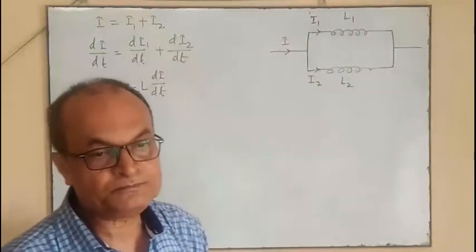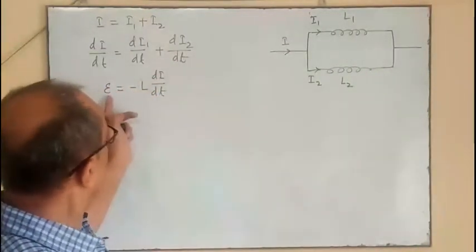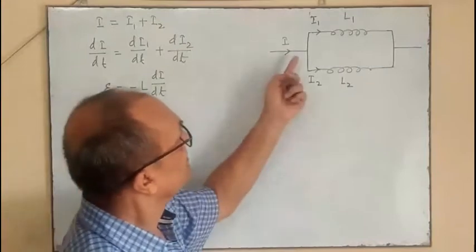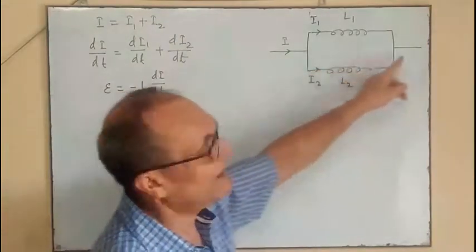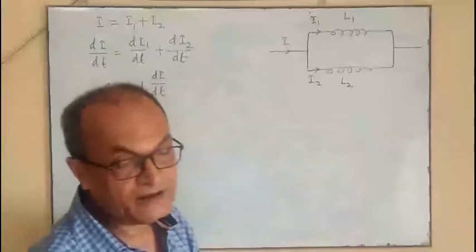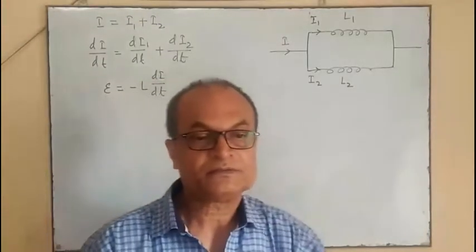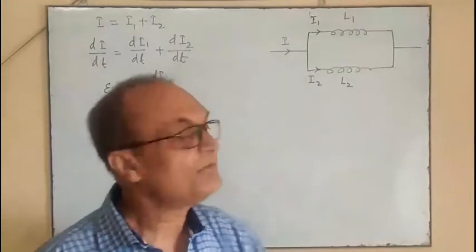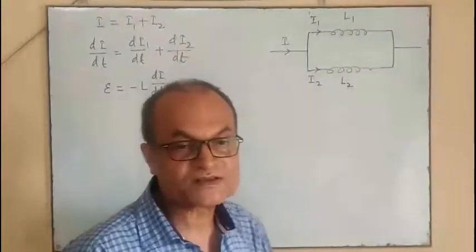So we will see that epsilon is the potential difference across this and this, and L is the equivalent inductance of both these two coils.